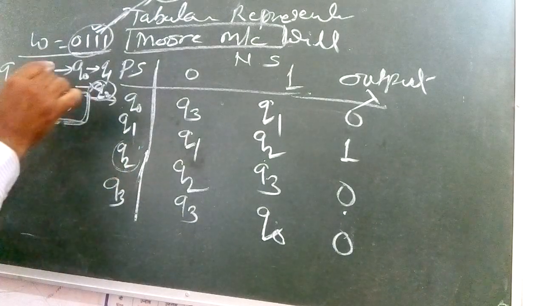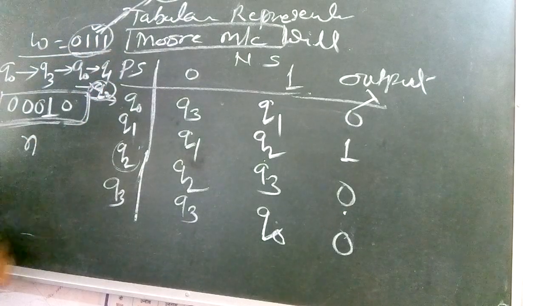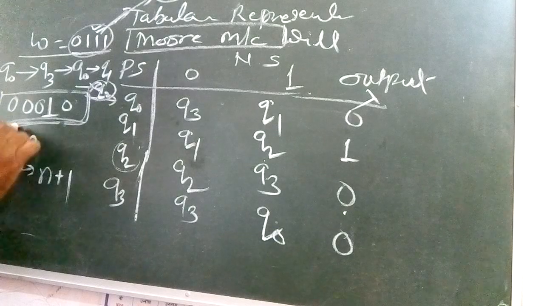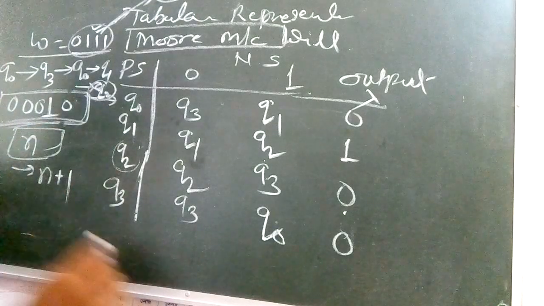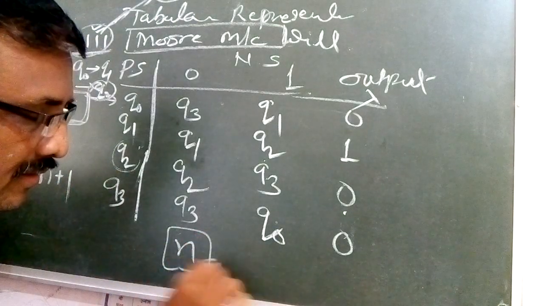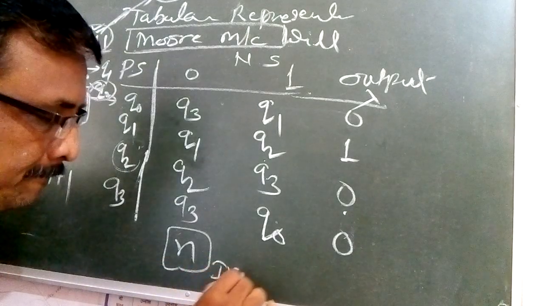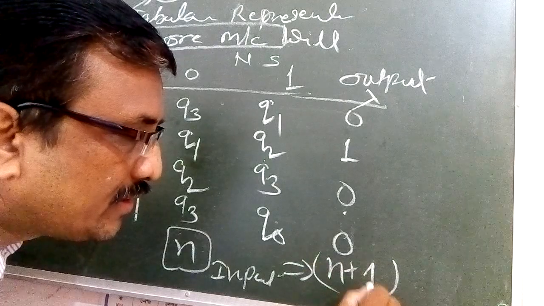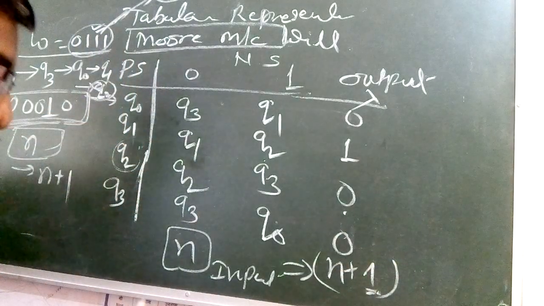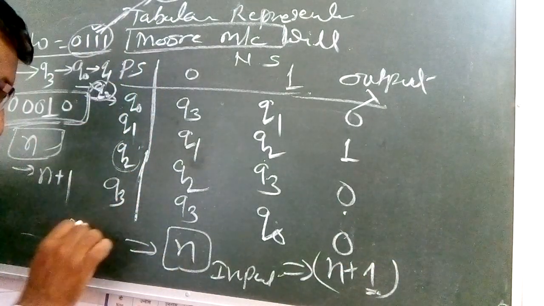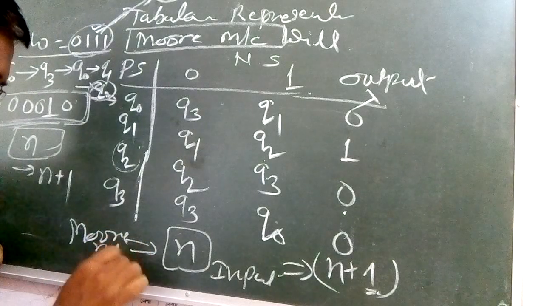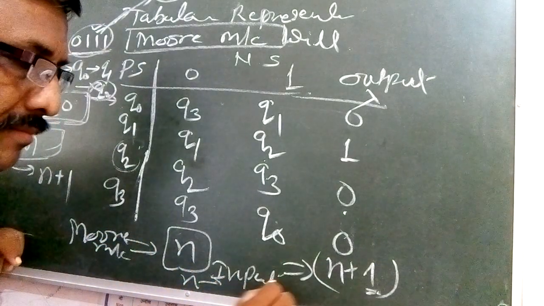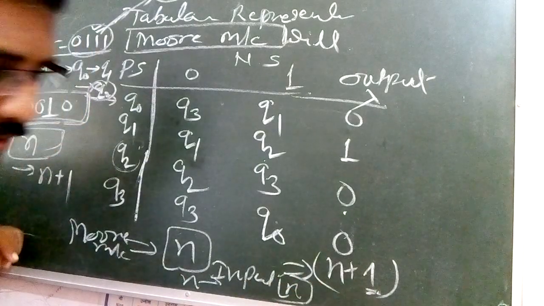That means for an input string of length n, the machine's output is of length n plus 1 in case of a Moore machine. And in case of a Mealy machine, for input of length n, the machine's output will be of length n.